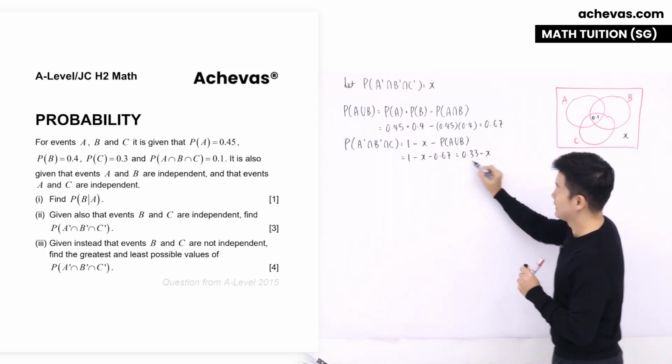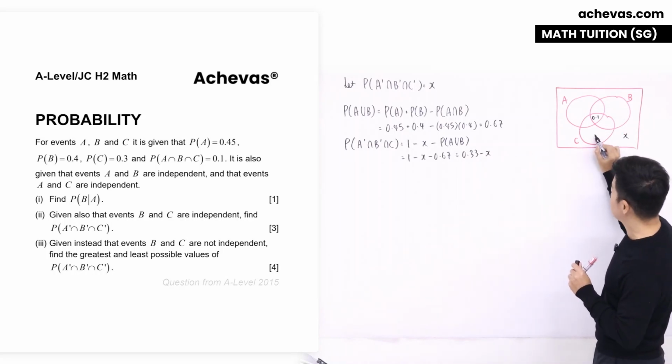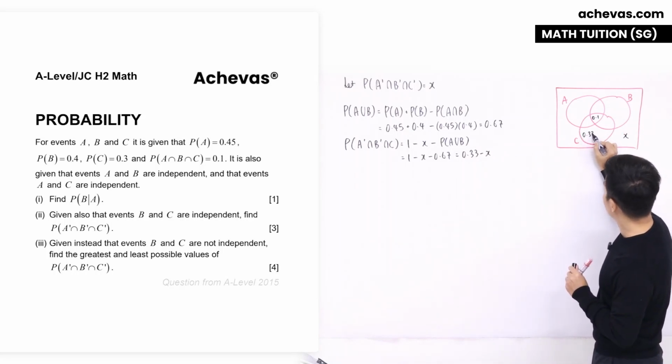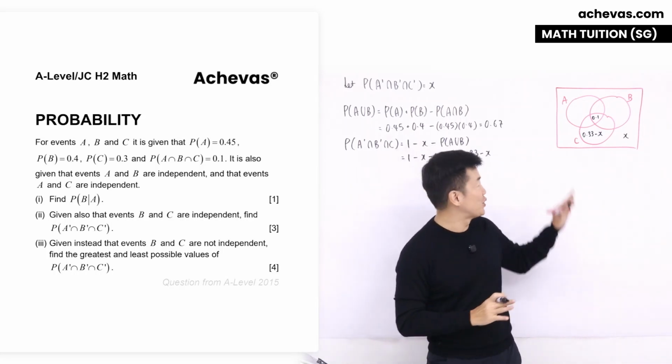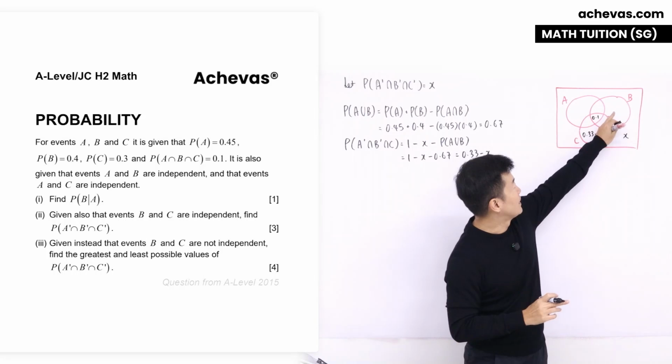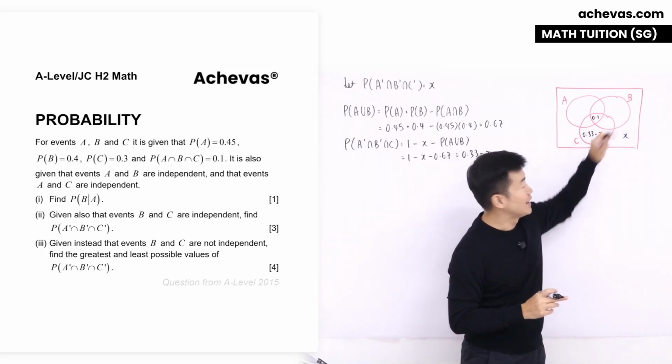But of course, since we already found this, I should put it here. So 0.33 minus X. This will help me to have a better idea of what I have calculated and what I have not.